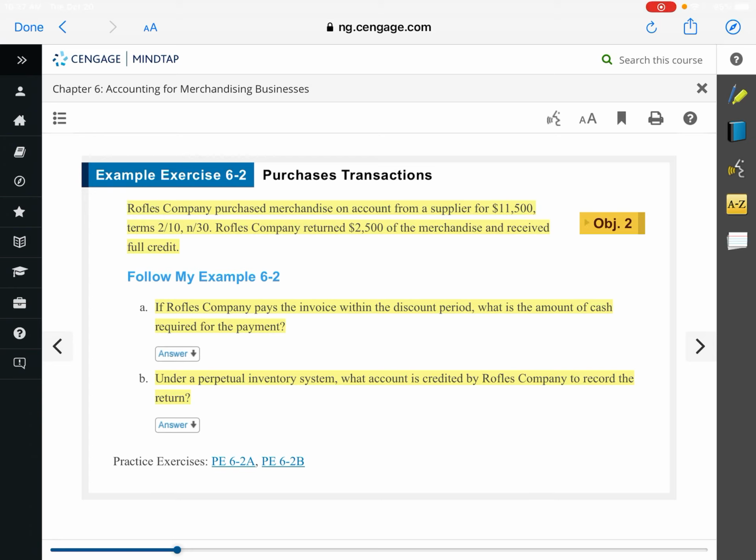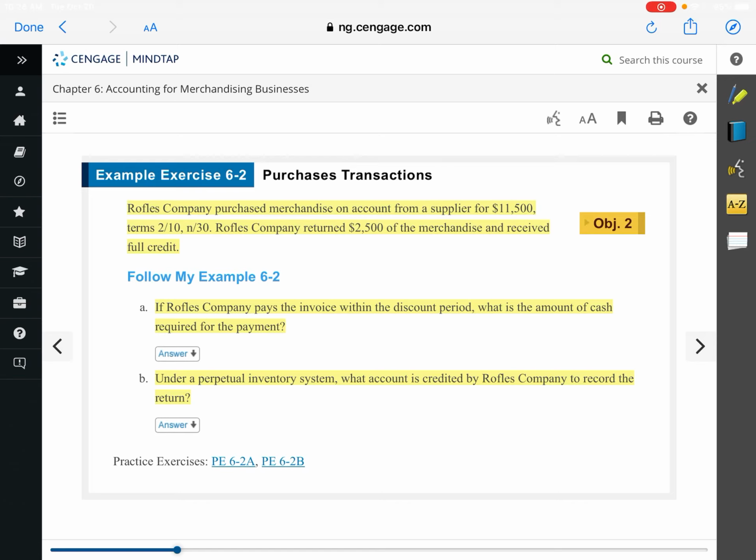So as far as our test, what I want you guys to know and what we're gonna be tested on in chapter 6 is the differences between a merchandising business and a service business. So we talked about the different accounts: sales, merchandise inventory, and cost of merchandise sold.